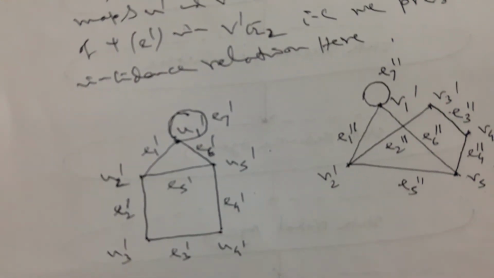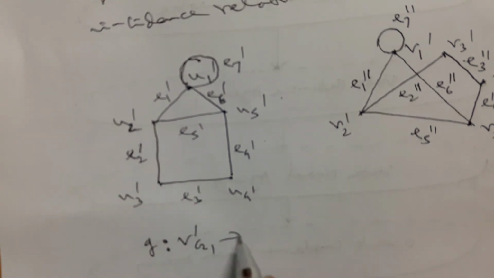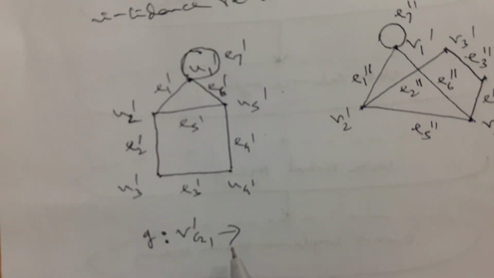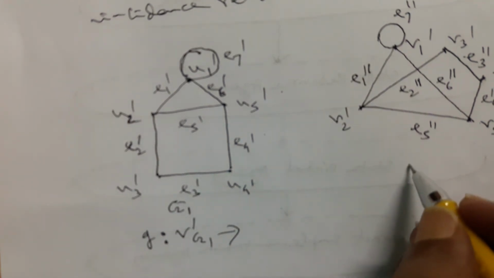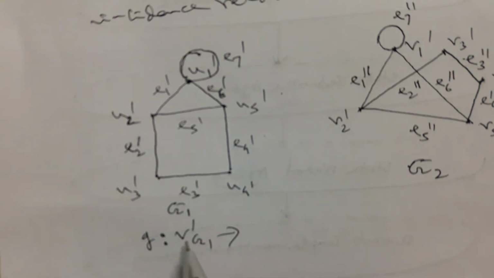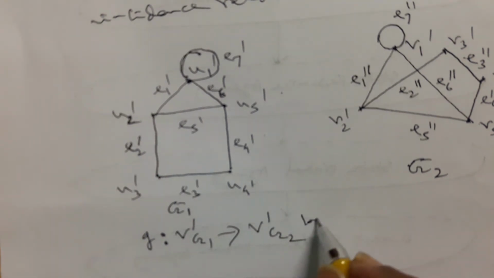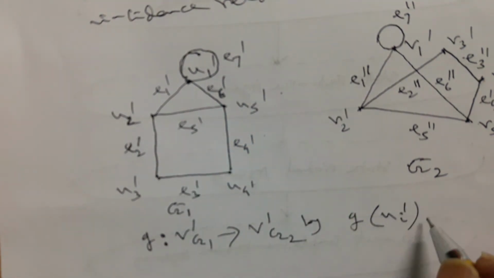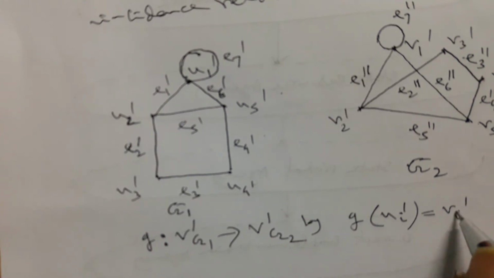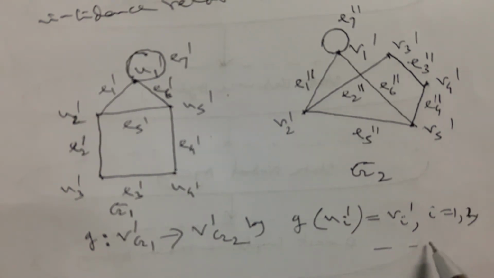So here if we define g, a map from V(G1') to V(G2'), taking the graphs as G1 and G2, it is a map by g of ui', that is mapped to vi' for i running from 1 up to 5.